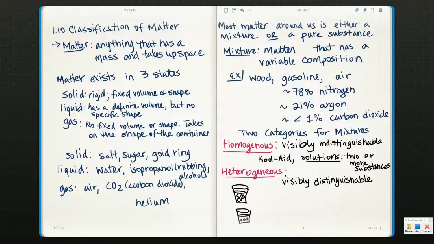I'm just going to write the word because I can't draw it. So you would be able to tell that there was ice cubes in the water or sand in the water. So you can visibly distinguish the two components of the mixture.